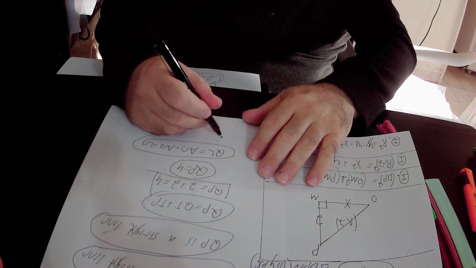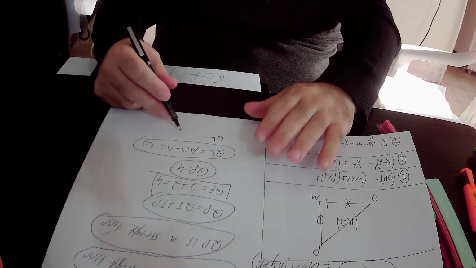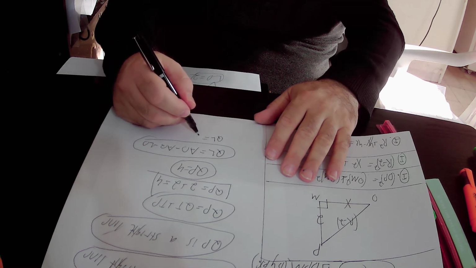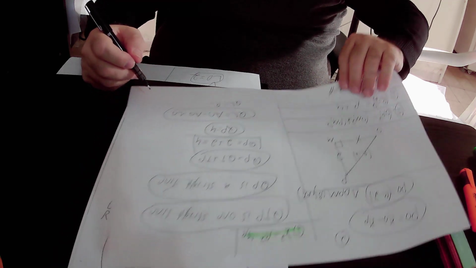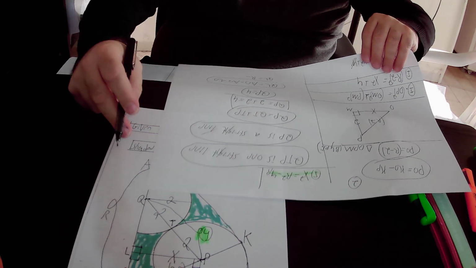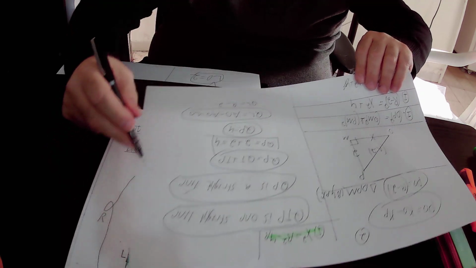So I'll write it down. QL equals AO, the radius of the quarter circle, that is equal to capital R, minus AQ, the radius of the semicircle, that is equal to 2 units, minus LO, that is equal to 2 units.